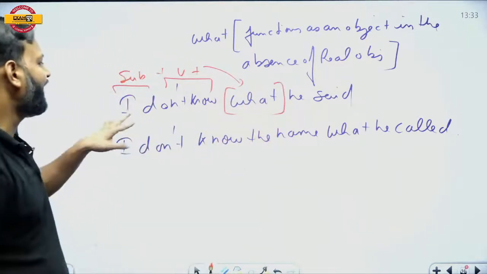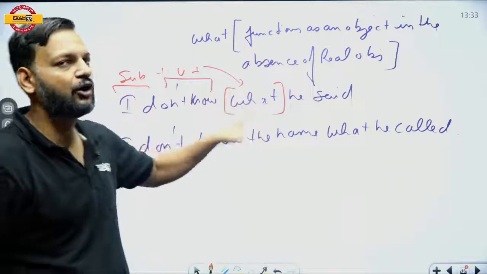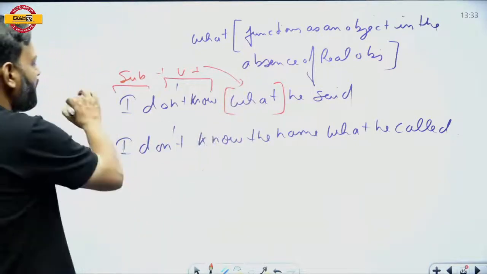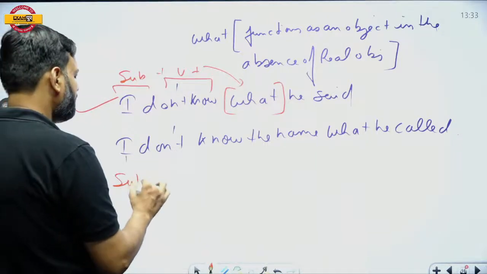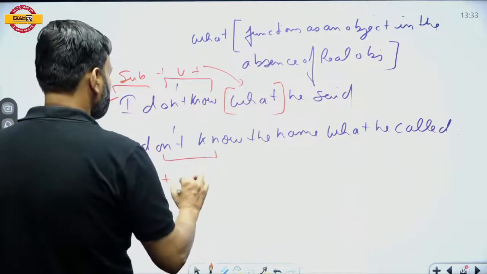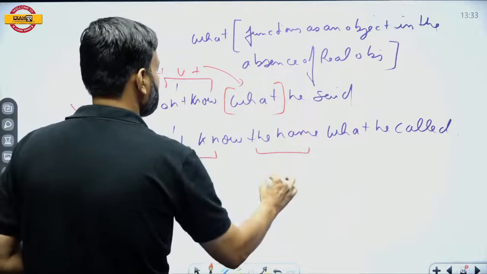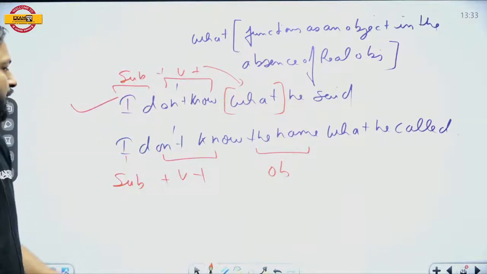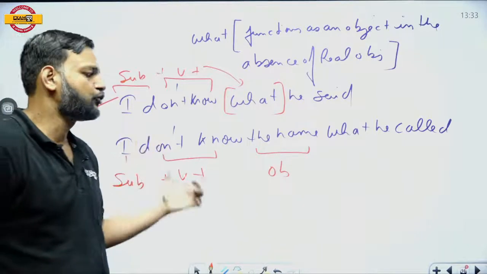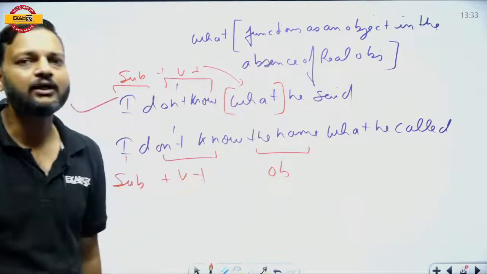So here I is the subject, don't know is the verb, and what is the object. So this sentence is absolutely correct, no problem. But in this sentence, I is the subject, don't know is the verb, and the name is the object.